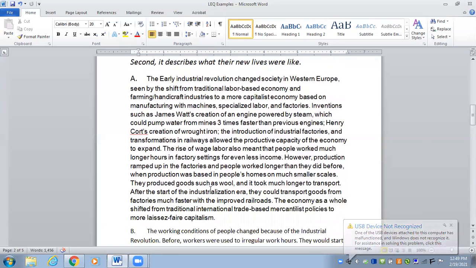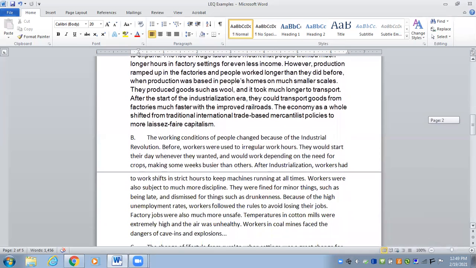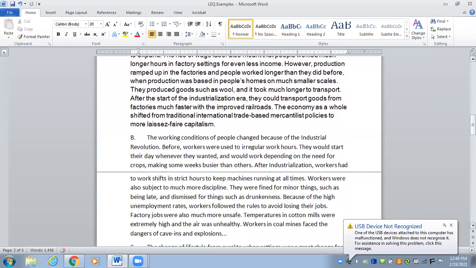Here they're talking about producing some certain goods, and then they talk about after the start of the industrial era, things changed for them. So you need to be clear that these are not paragraphs just describing what the Industrial Revolution looked like. These are paragraphs describing how life changed for people because of the Industrial Revolution.